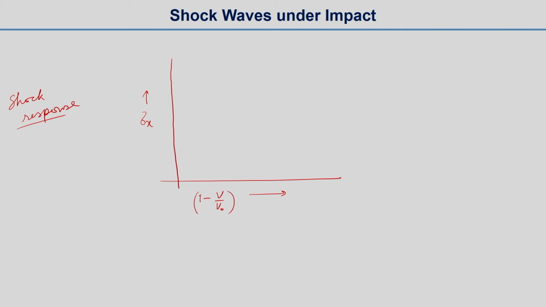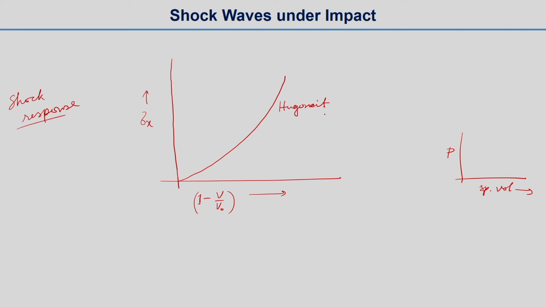This is a little different from the Hugoniot curve we got earlier, because if you see the x axis, we have V by V naught. Earlier we plotted pressure with specific volume. But this Hugoniot curve will take a shape like this.